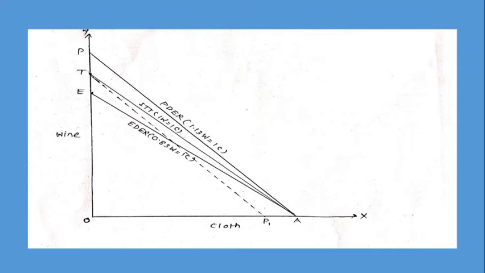TA represents the international terms of trade between the two countries, assuming 1 unit of wine is equal to 1 unit of clothes. Further, TP1 line is drawn parallel to PA line, which denotes Portugal's domestic exchange ratio, 1 unit of wine is equal to 0.89 unit of clothes.